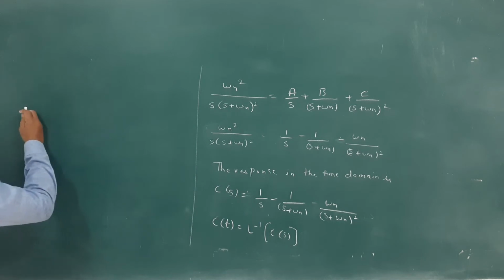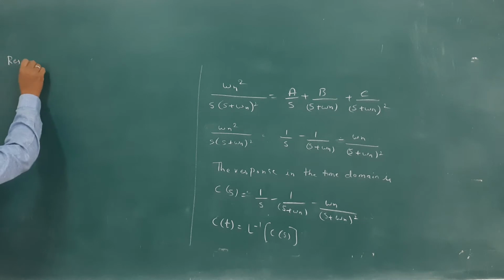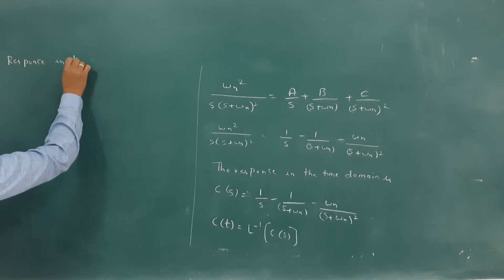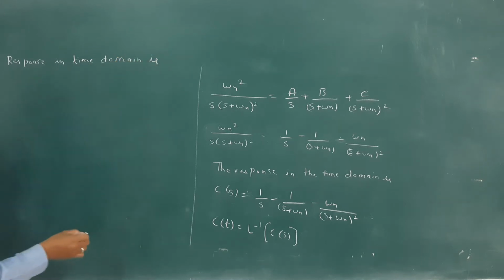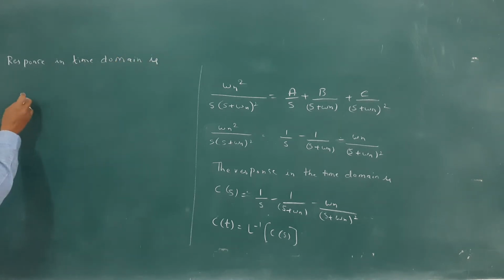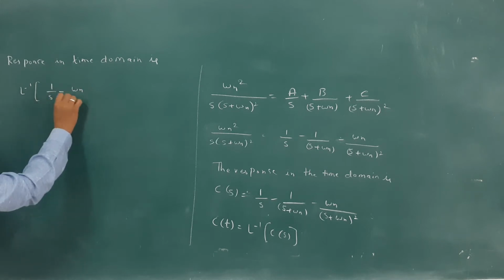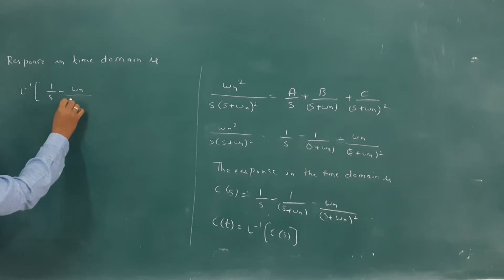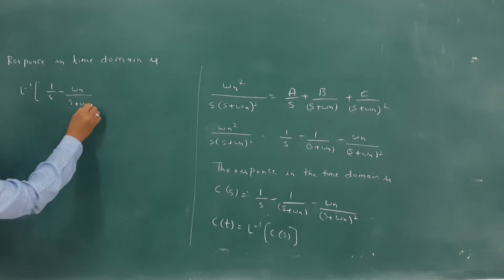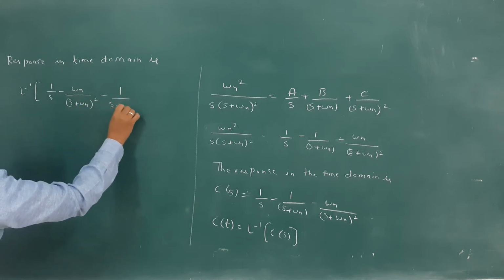The response in the time domain is L inverse of 1 by s minus omega n divided by (s plus omega n) whole square minus 1 by (s plus omega n).